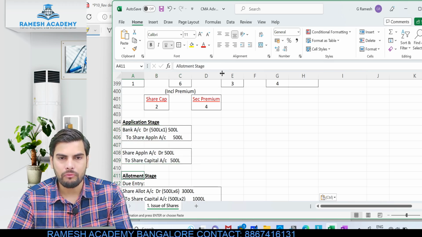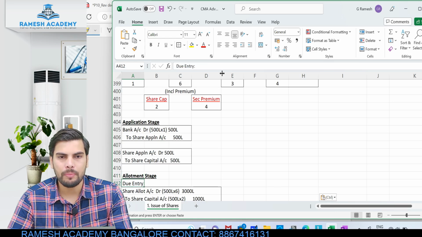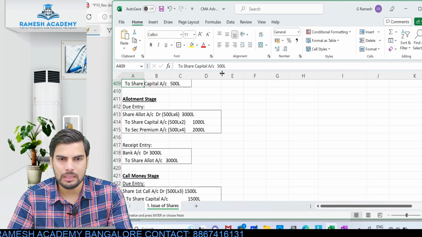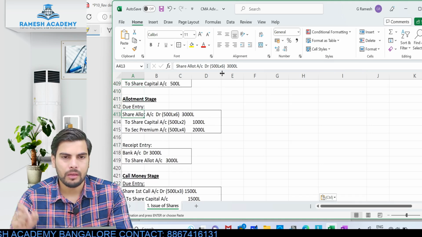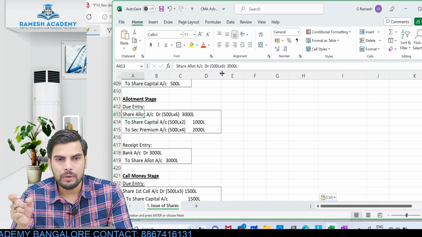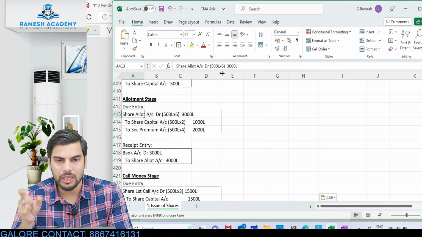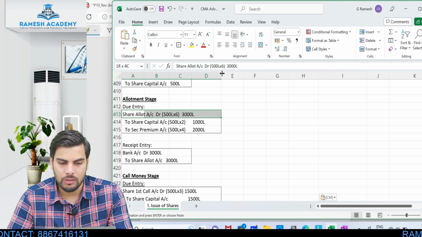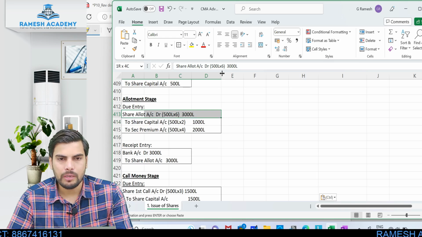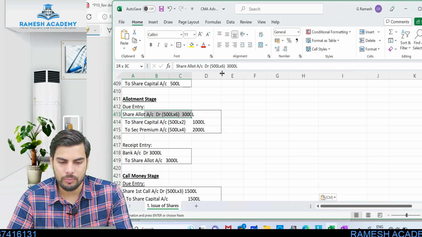Now allotment, from the allotment stage and then onwards we'll be passing the due entry first and then the receipt entry. Allotment is the stage wherein the securities premium is included. So wherever you find share capital, that is the place wherein you need to give effect to securities premium. Look at this entry. Allotment stage, totally I am supposed to collect 6 rupees. So 500 lakh into 6, this would be 3000 lakh.